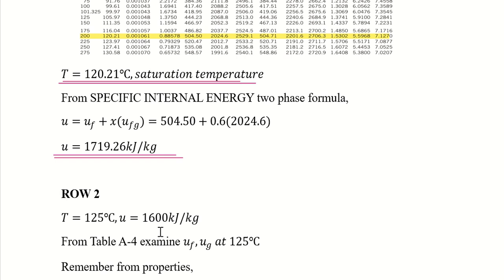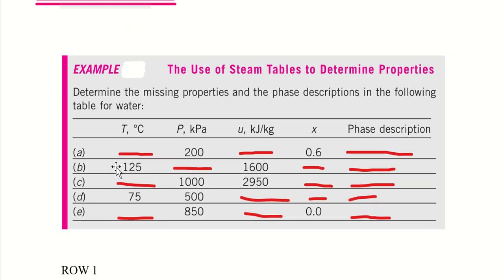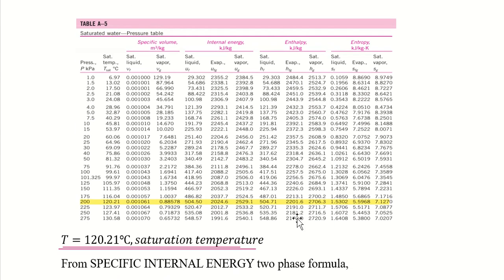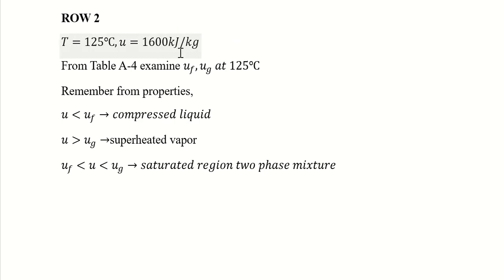We go to row 2. Within row 2, they've given us a temperature of 125. They've not given us pressure, and they've given us specific internal energy, and they want us to do the rest. So let's do the rest like we are asked to do. The given values are here.